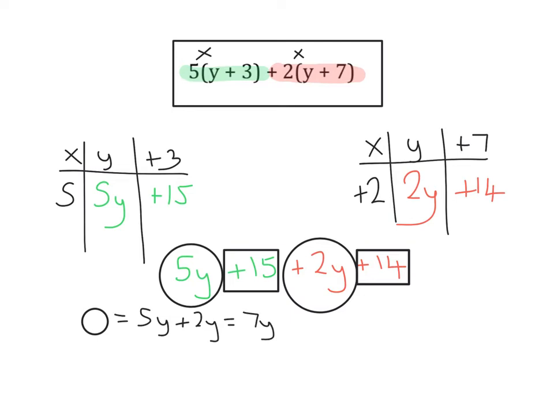And my squares, well that's positive 15 or just 15, add 14, which is 29. So altogether I've got 7y, add 29.